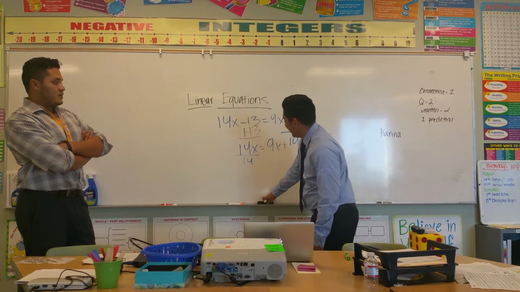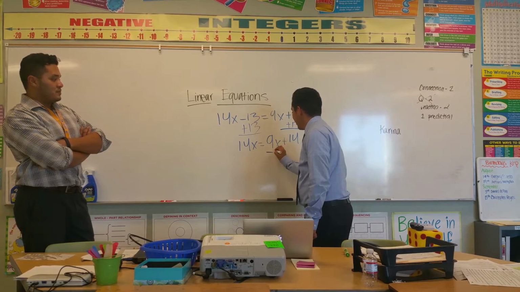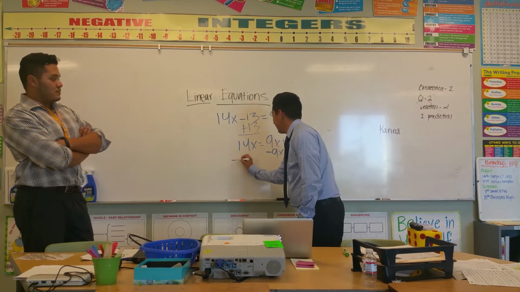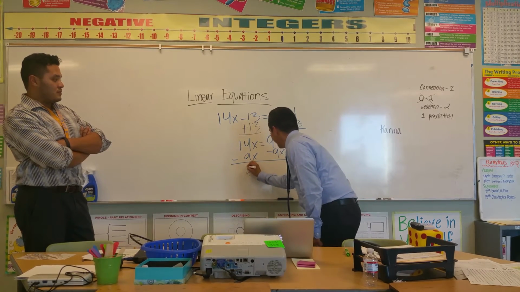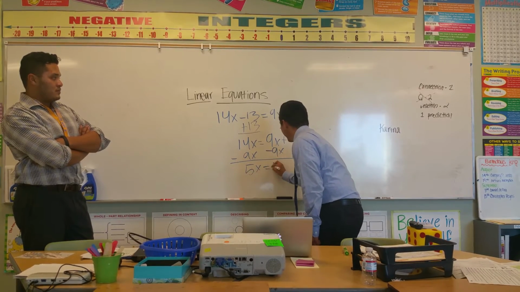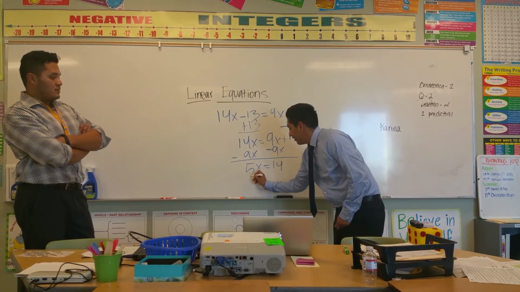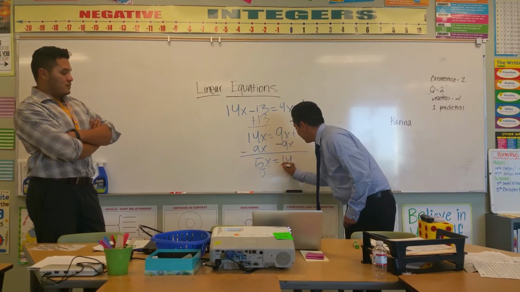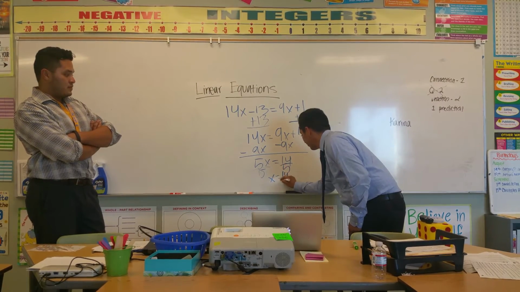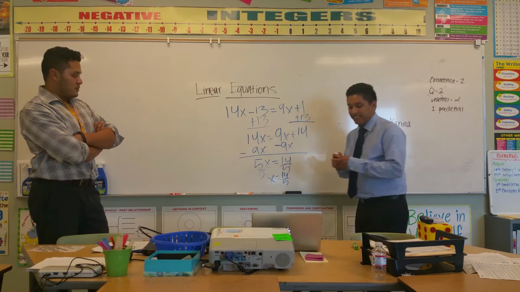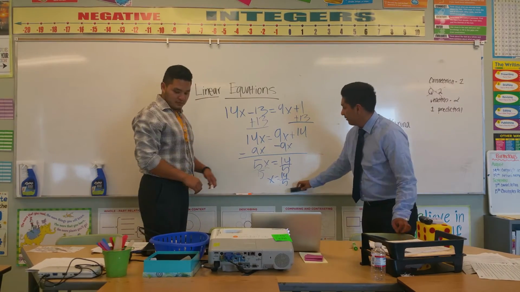Oh no, sorry. We're going to actually subtract the 9x and get it on this side. And we would get 5x equals 14. And then you would just simplify it by dividing by 5. x equals 14 over 5. You can have fractions inside of your answers, just as long as you keep all of the steps together.